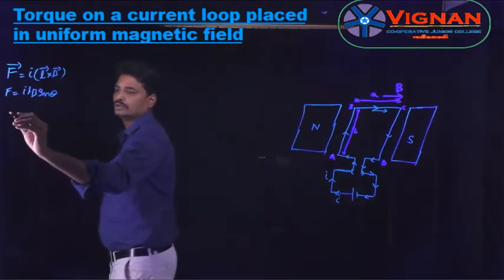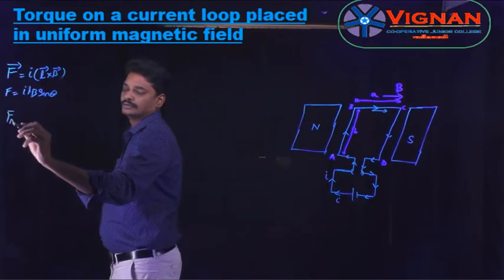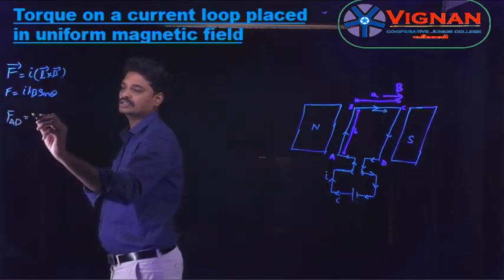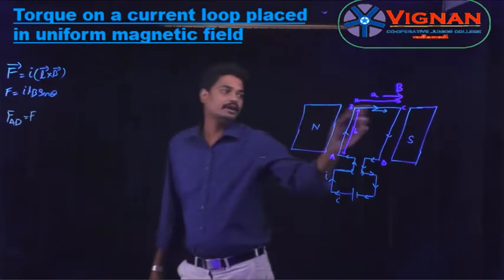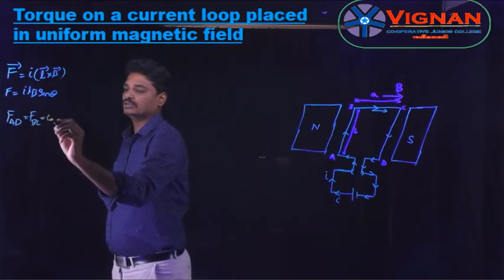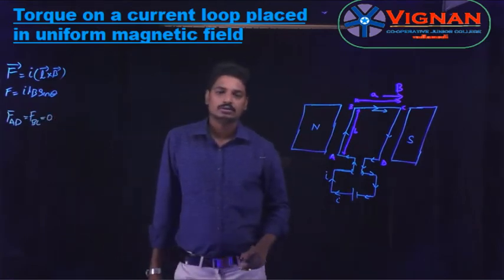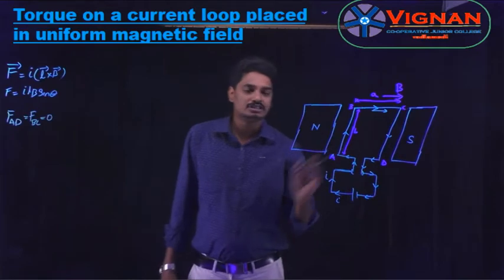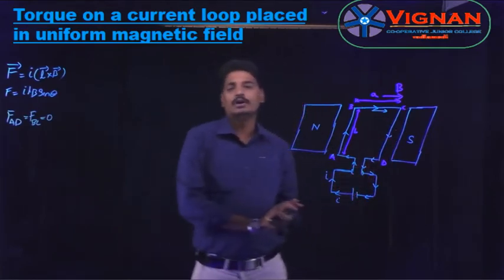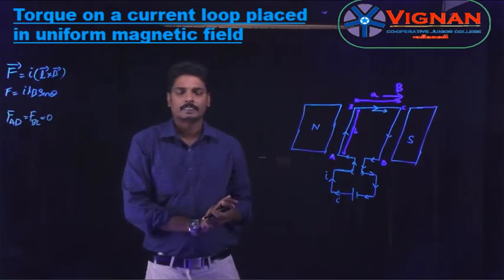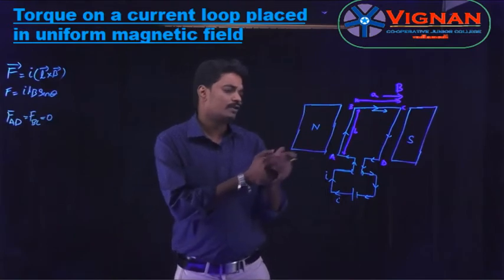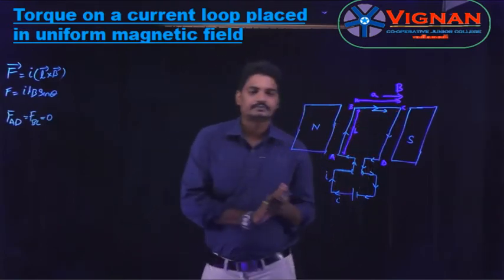Therefore, the force acting on AD is equal to the force acting on BC, which is equal to 0. The force on AD and BC is 0 as they are parallel to the uniform magnetic field.